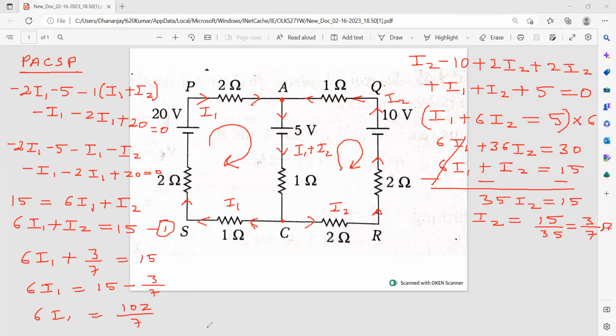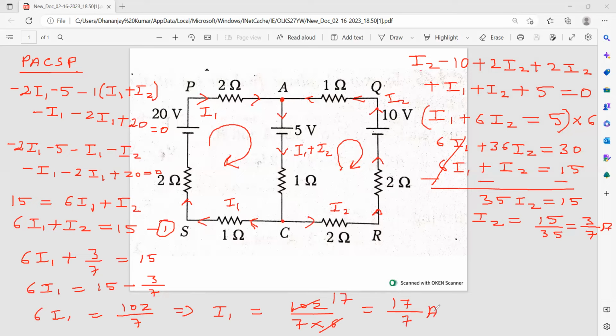Is it okay? This calculation. So we have I1 is equal to 102 by 7 by 6. Cancel that, this is 6 times 17, so we have I1 is equal to 17 by 7 amperes. Is it clear?